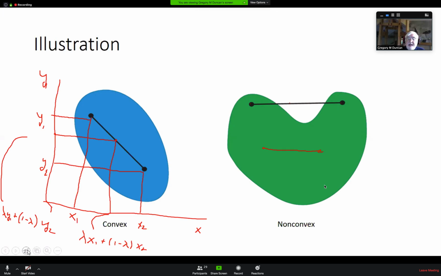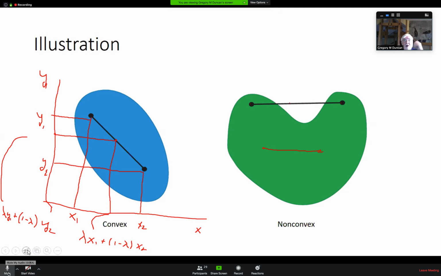So this has to be true for all possible lambdas. Now, there are ways of proving sets are convex, but by and large, what you do is you assume they're convex, you make them convex by construction.